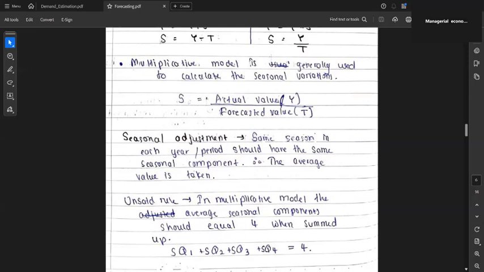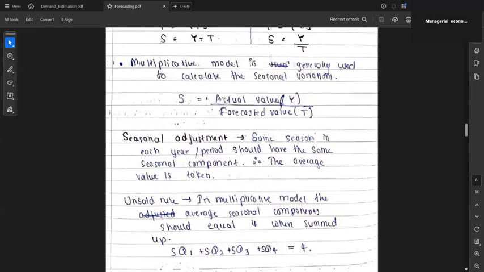So we have something called seasonal adjustment. Let's say we have 4 seasons, Q1, Q2, Q3, and Q4 each year. Each quarter, each season, must have the same value.